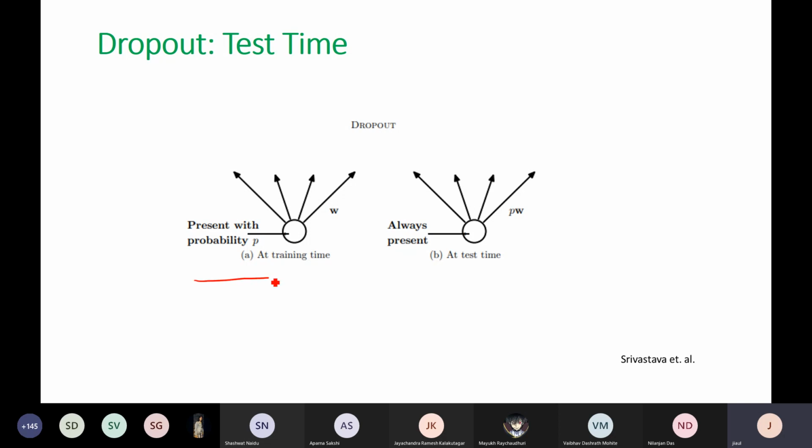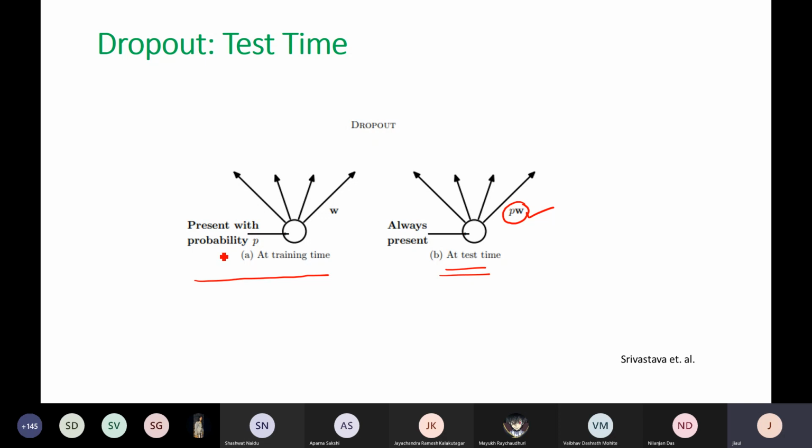At training time, a particular neuron is present with probability P, and it has its weights and everything else. Now at test time, all the neurons will be present, but you remember this factor. Whatever weight W you had after training, the effective weight will be P into W, where P is the retention probability in this case.